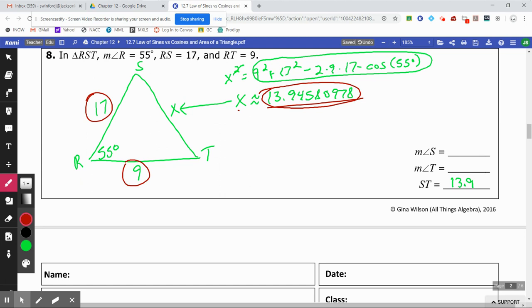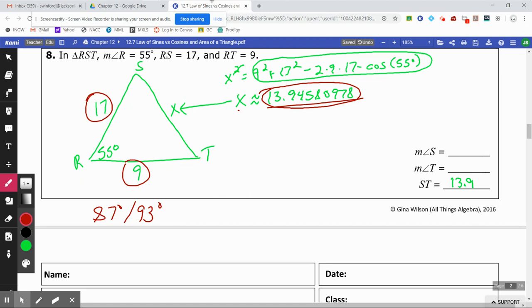I've got all three sides, so there's an exact answer. So in order to find angle T, I do want to remind you that 87 or 93 both should work for this triangle, but one of them is going to be an answer that I can throw out. And let's see what that is.